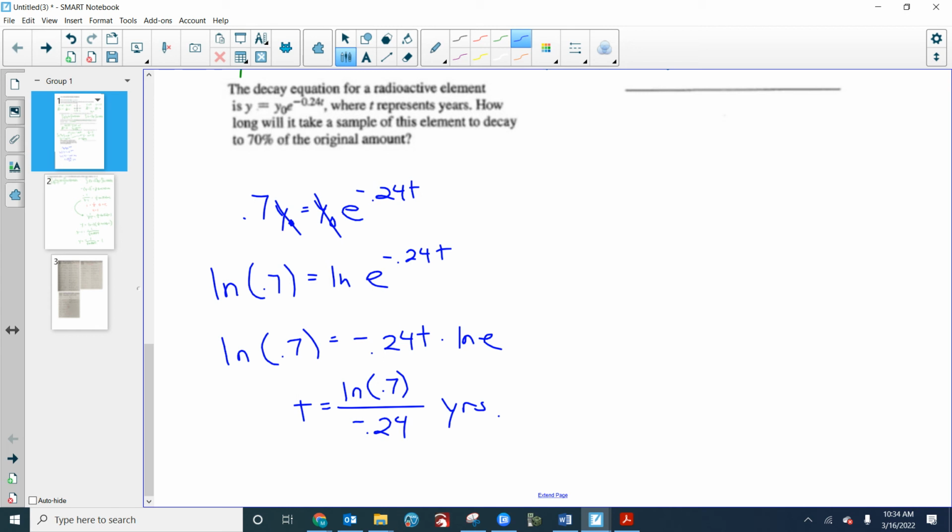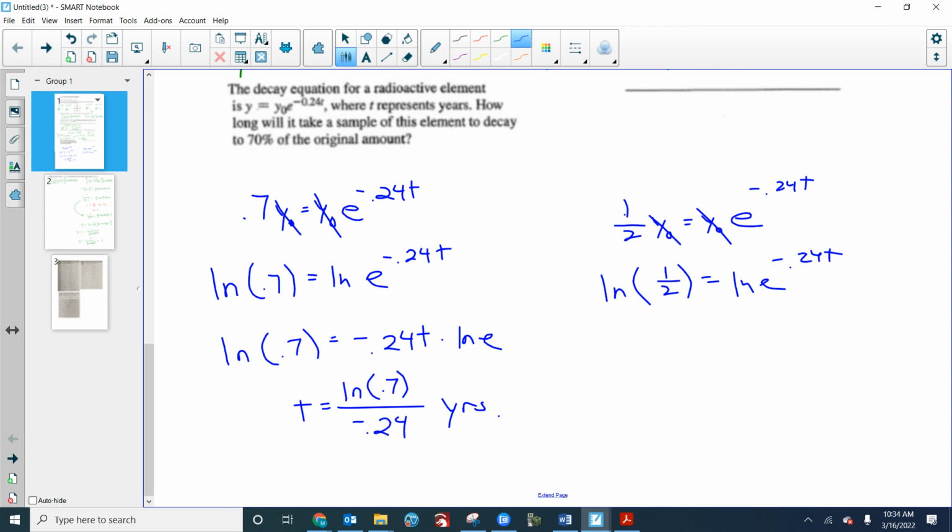All right, what if it asks for half-life? Well, you're going to put 0.5 y naught, or even better, 1/2 y naught equals y naught e to the negative 0.24 t. ln 1/2 equals ln e to the negative 0.24 t. That comes down.